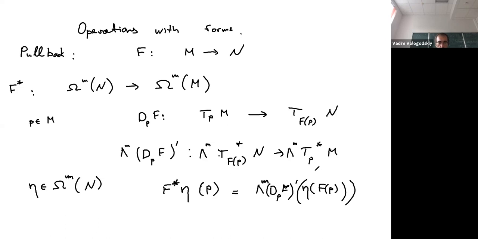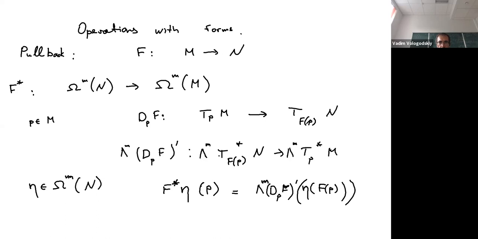And you see what goes wrong if you want to use something like this for, say, vector fields. The direction of this arrow suggests that starting with a vector field on M, you could produce a vector field on N. But then how do you define the tangent vector corresponding to a point of N?